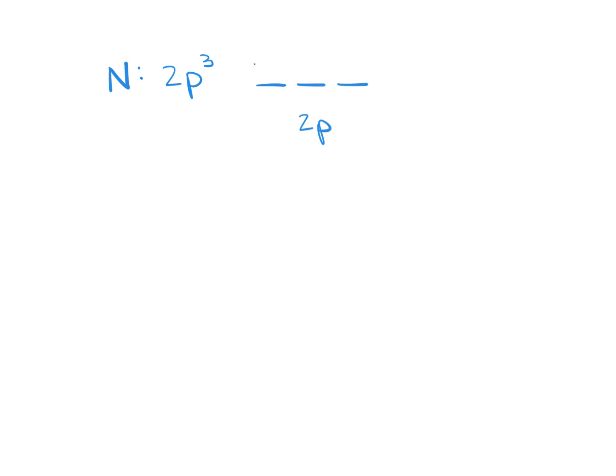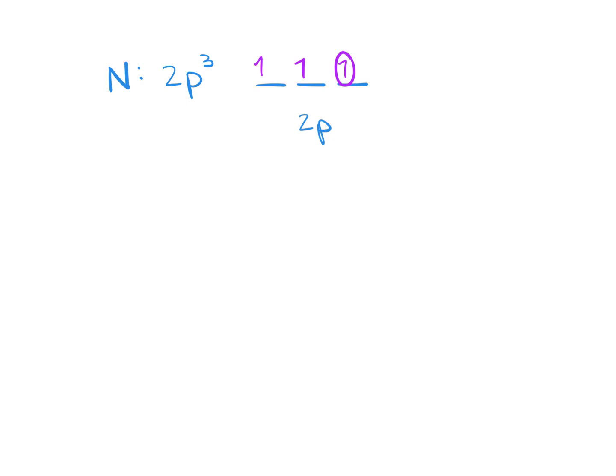Do I put in my electrons like this? 1, 2, 3? No, I fill them across all the way. So 1, 2, 3. And if I want to know the quantum number for nitrogen's last electron, which one am I examining? 1, 2, or 3? 3. Okay, so I like to circle that one. So I kind of focus in on this is the one I'm looking at.